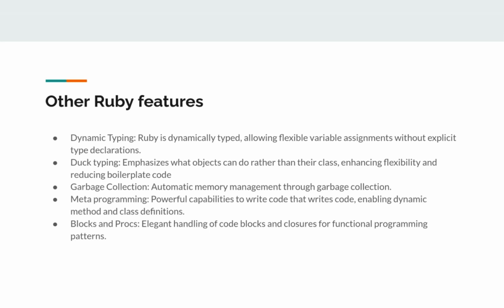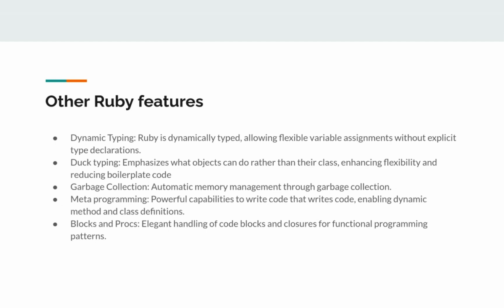We're also going to talk about some other Ruby features. Firstly, we have dynamic typing, which is basically that types are specified at runtime instead of compile time. There is also duck typing, which is basically that types are defined by the behavior of the class.